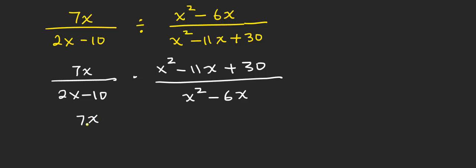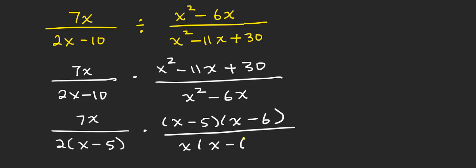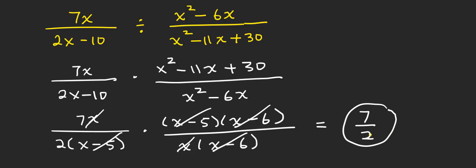So you get 7x over the greatest common factor, which is 2, and you end up with x minus 5, times the factor of this trinomial, x minus 5 and x minus 6, all over the greatest common factor here, x, so you get x minus 6. Now we could cancel out x minus 5, x minus 5, x minus 6, x minus 6, and then x and x. So you end up with 7 over 2, and that is your final answer.